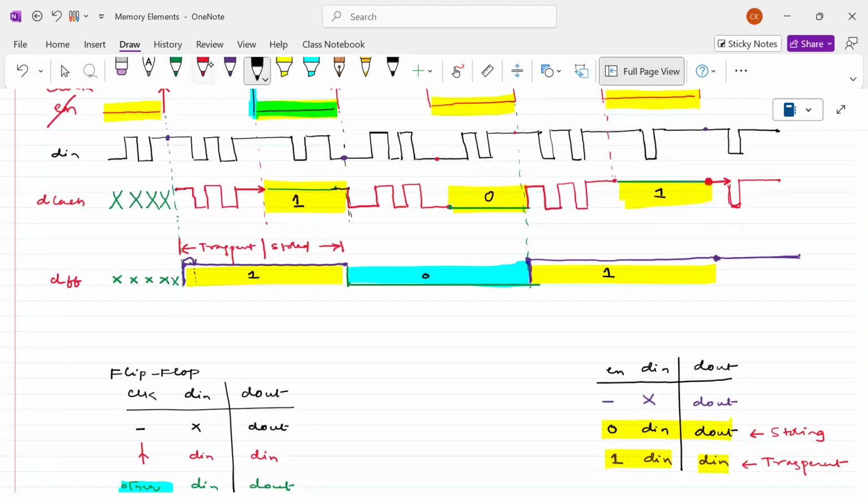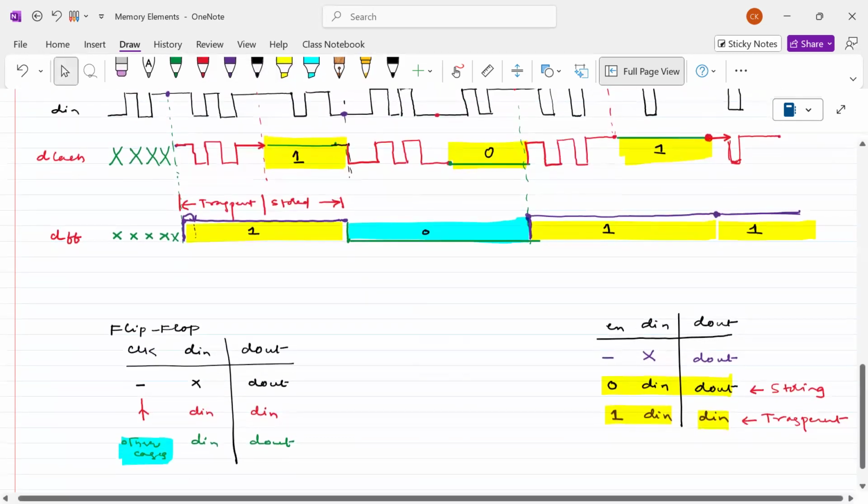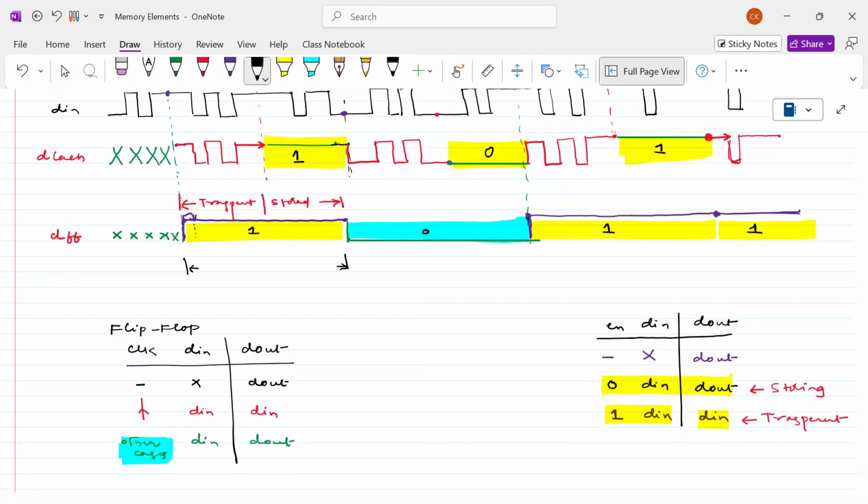Here also logic 1 only, also logic 1. Therefore, the entire cycle is used for storing. Only at the edge are we talking about the transparency. Except the edge, at all other times we are able to store the data. This is very tempting to use in our digital circuits.